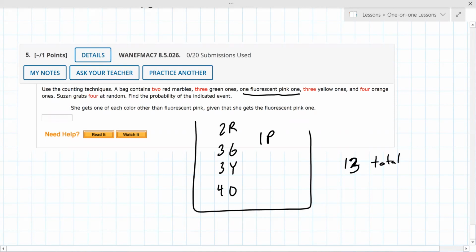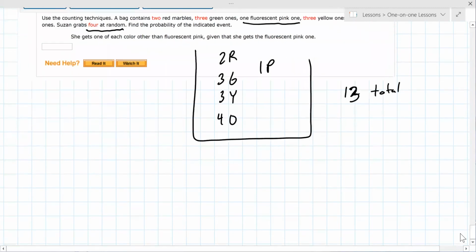Okay. She grabs 4 at random. So given that she gets the fluorescent pink one, that means for sure she's choosing one of the pinks. She's getting one of the pinks for sure.